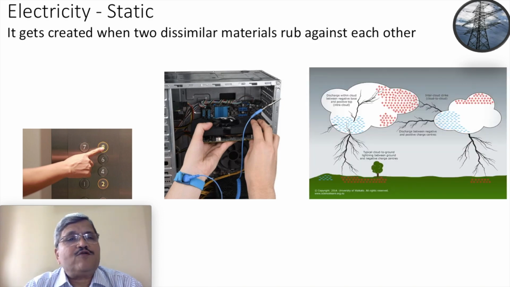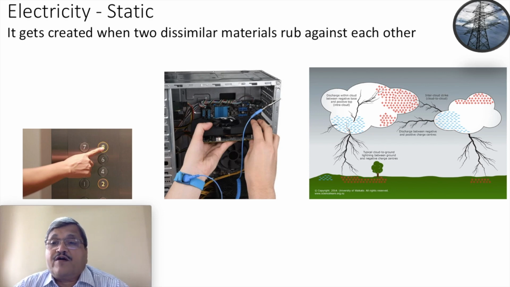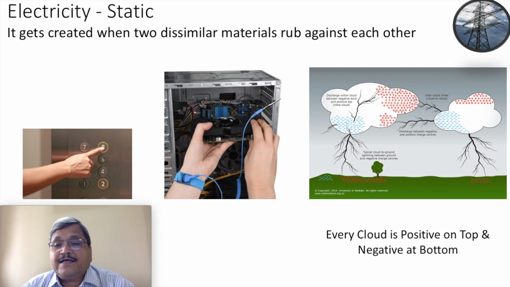Now, if this theory goes well, that two dissimilar materials, when they rub against each other, generate static electricity, then what about lightning, which also happens because of static electricity? It is said that a positively charged cloud, when it comes in contact with a negatively charged cloud, causes lightning. That is wrong. Every cloud has positive charge on the top and negative charge at the bottom.